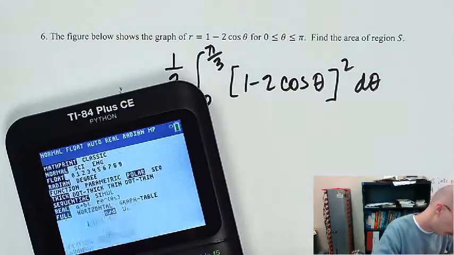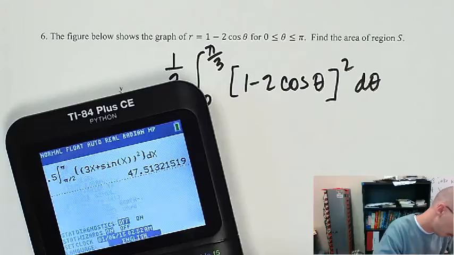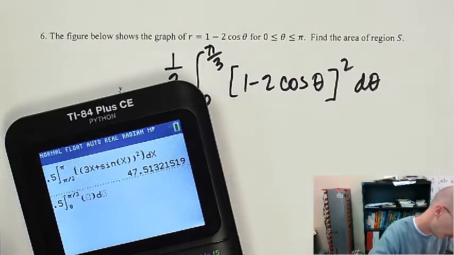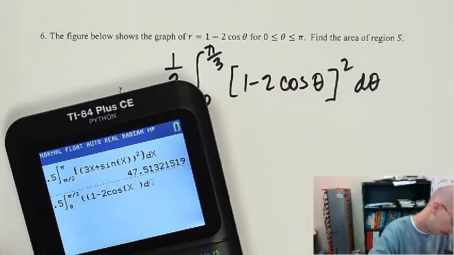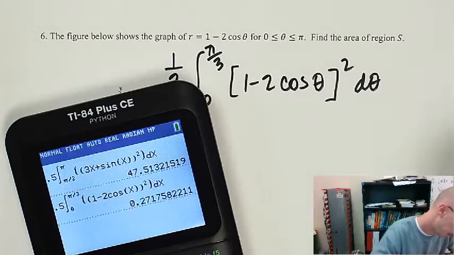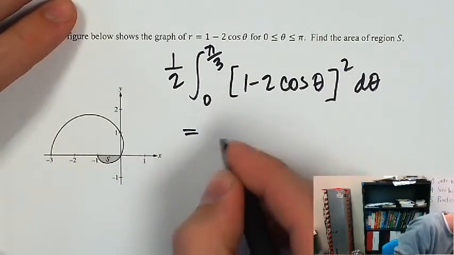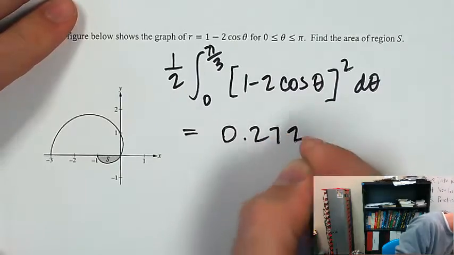Okay, so I'm going to go back into function mode, and I'm going to say 1/2 of the integral from 0 to pi divided by 3 of 1 minus 2 cosine theta squared d theta, 0.272.